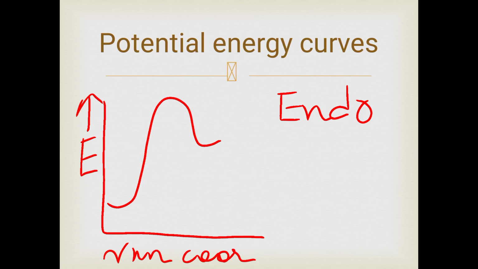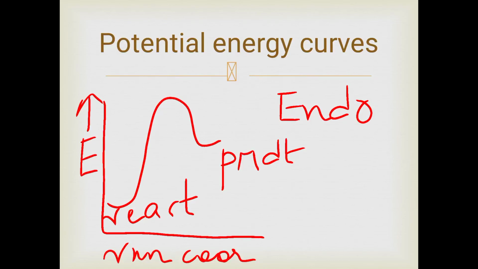Endothermic reaction meaning heat is absorbed. So here is my reactant and here is my product. Fine. This is the graph for endothermic reaction. Please don't mind the handwriting. I know it's dirty because I'm using a pen on the screen, so it becomes a little problematic.